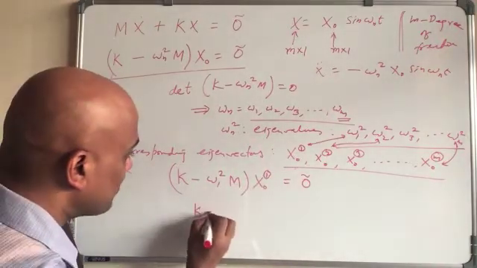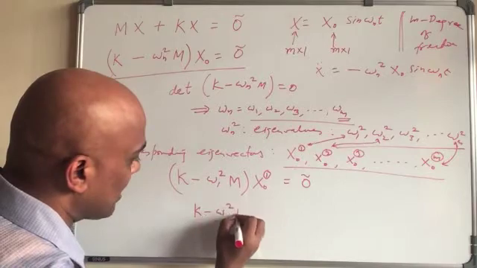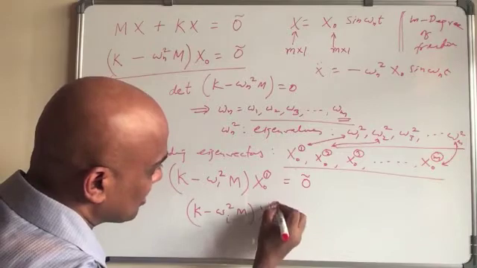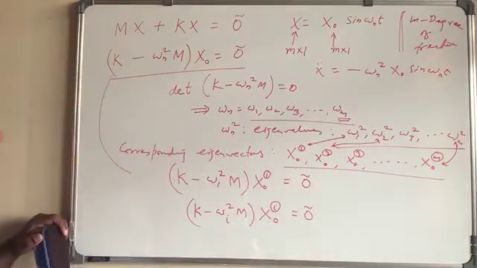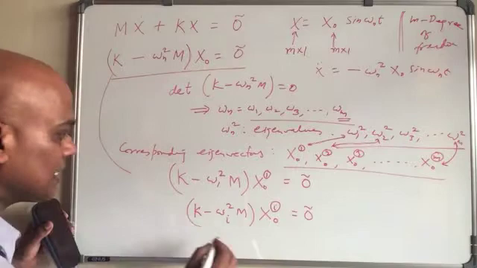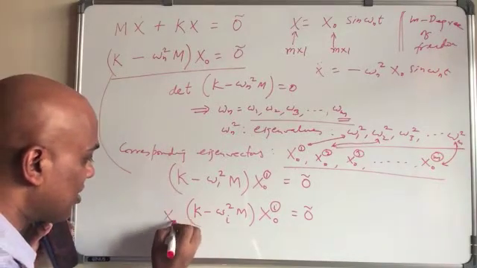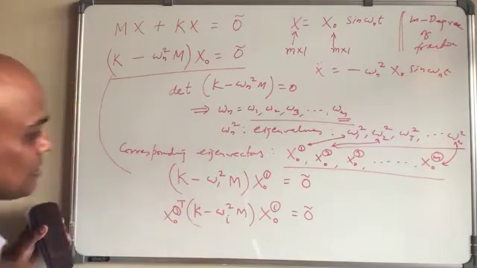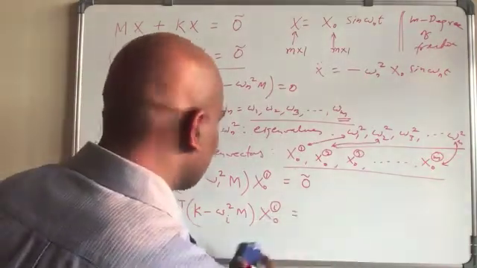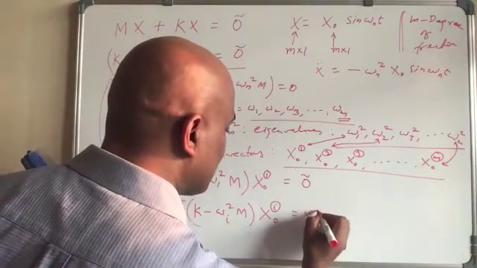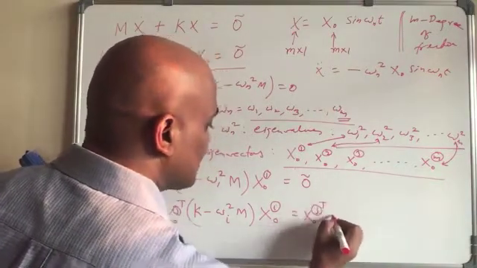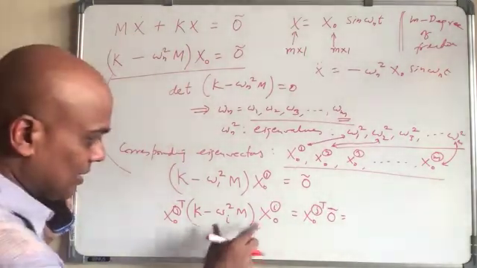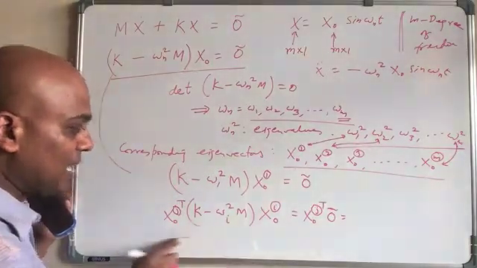Similarly, we can write k minus omega i square m times x naught i equal to 0. And hence, if we multiply here by x naught j, the transpose of that, it will also be 0. Because we are multiplying x naught j transpose and 0, this will make a scalar number.